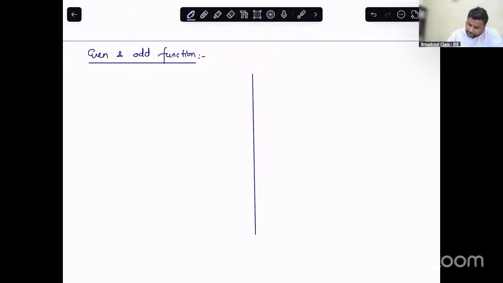So now I divide the page into two parts. This is even function. These are odd functions.